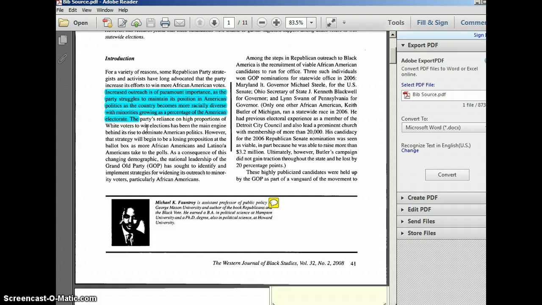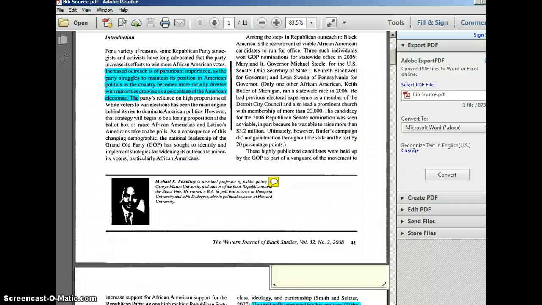The first thing was this passage here: increased outreach is of paramount importance as the party struggles to maintain its position in American politics as the country becomes more racially diverse, with minorities growing as a percentage of the American electorate. So again, this ties directly into what I am looking for.